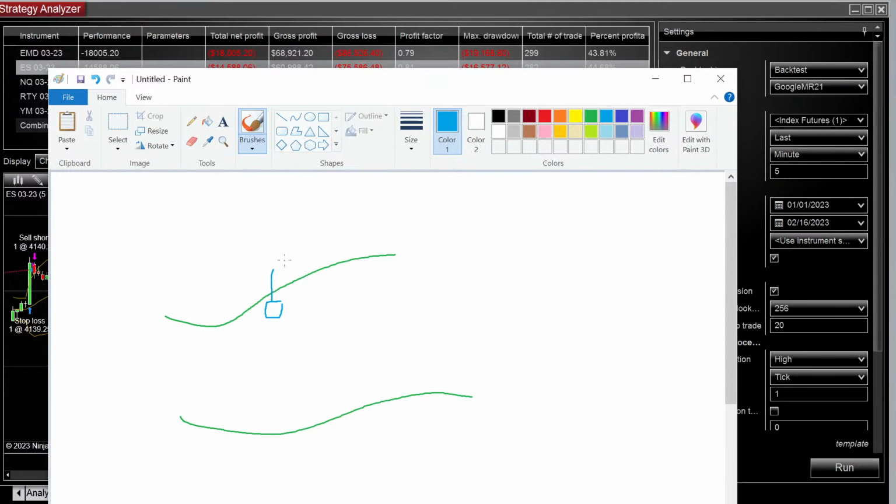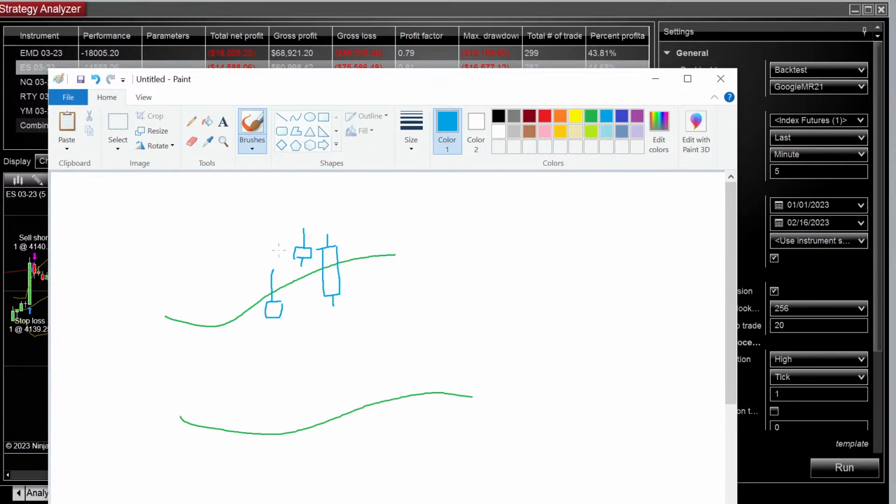Or we can just say we have to be above the upper band and we cross and we just close below the upper band. So in this scenario, price would need to open above and then close below.